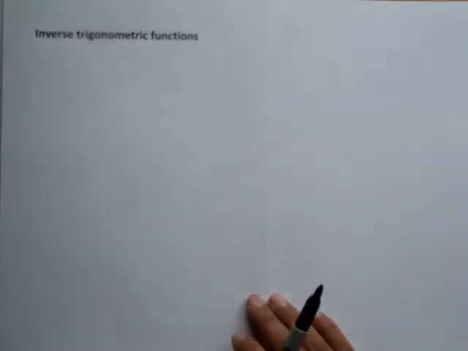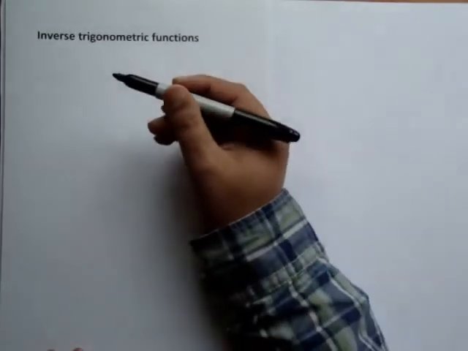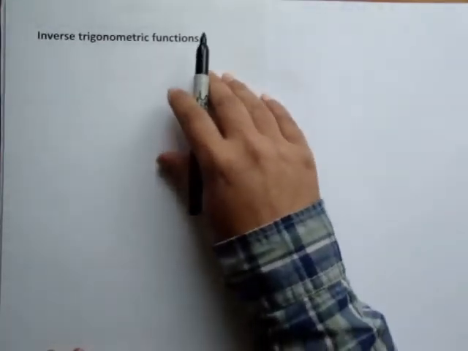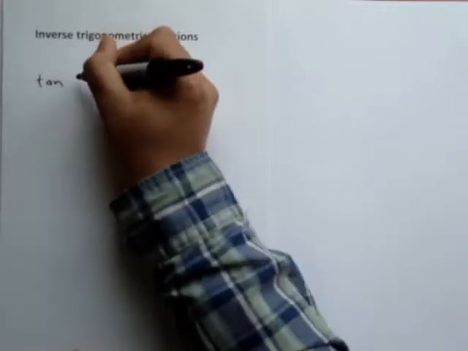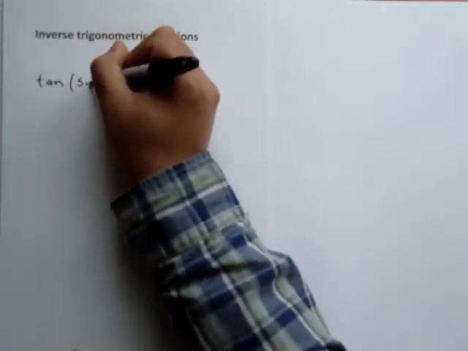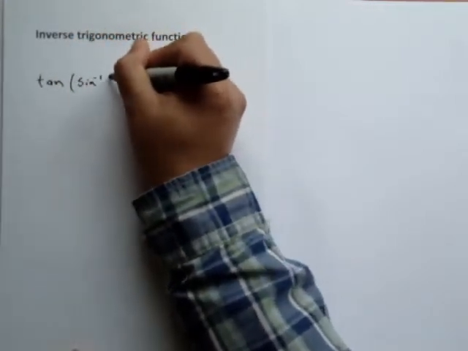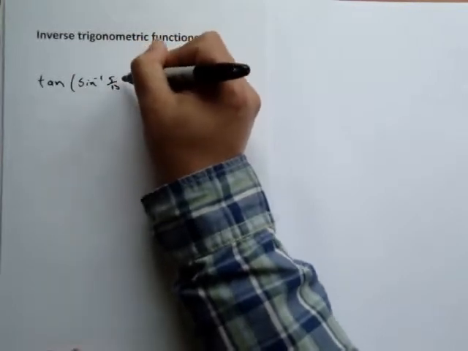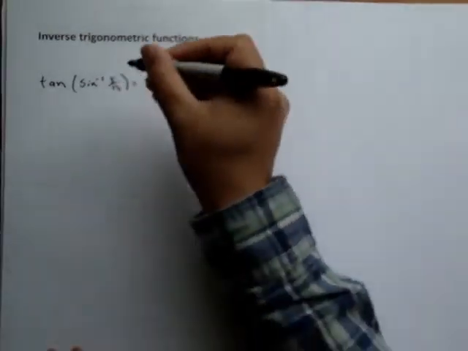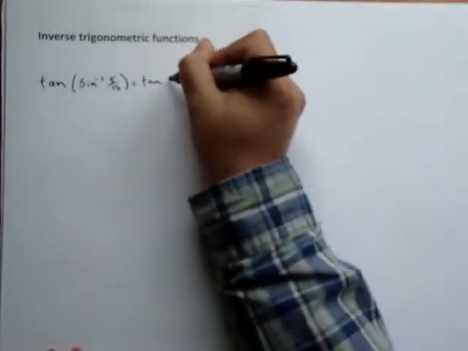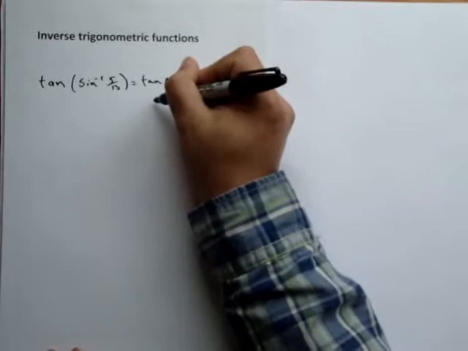Remember, for inverse trig functions, we're putting in the sides of a triangle and getting out an angle. So if we were given tan inverse sine 5 over 13 equals tan theta, we draw our triangle.